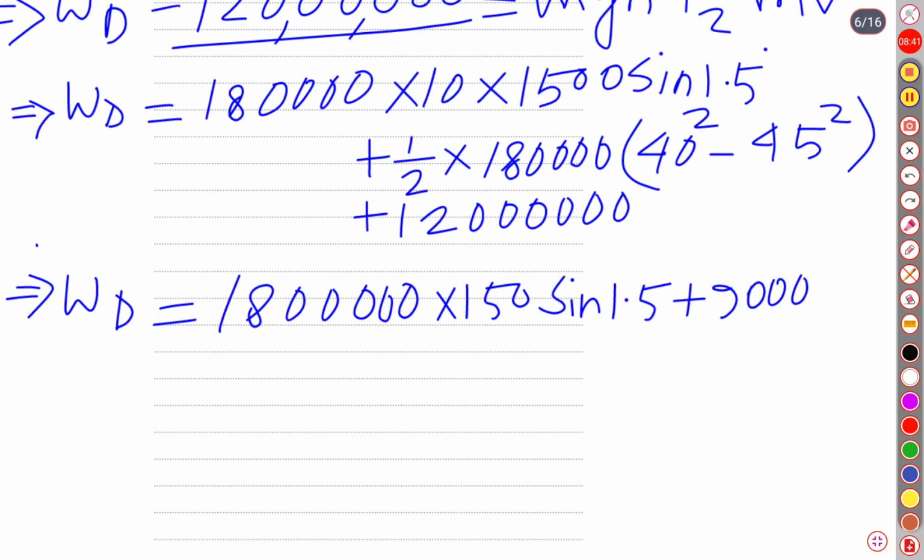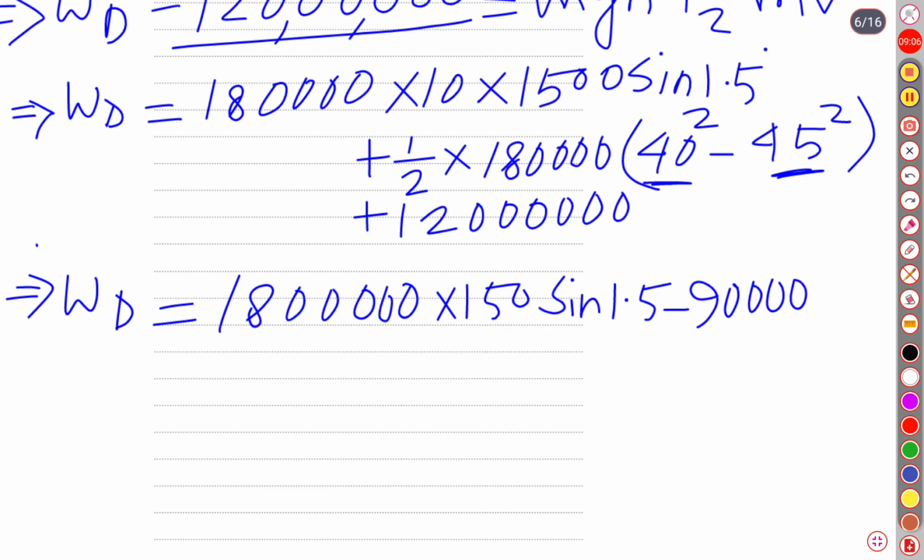Then one more thing should be noted here, that it is going to be actually negative. Here between 40 square and 45 square, the greater one is negative, so the symbol will be negative. So negative 90,000.